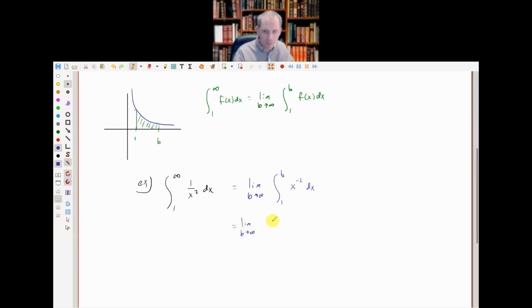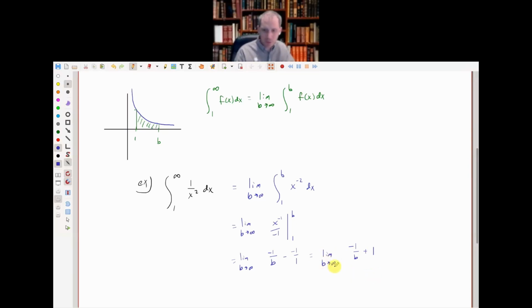I integrate x to the negative 2: I add 1 to the power and divide by the new power. Then we plug in. x to the negative 1 over negative 1 is the same as negative 1 over x, so I have negative 1 over b minus negative 1 over 1. So I have the limit as b goes to infinity of negative 1 over b plus 1.